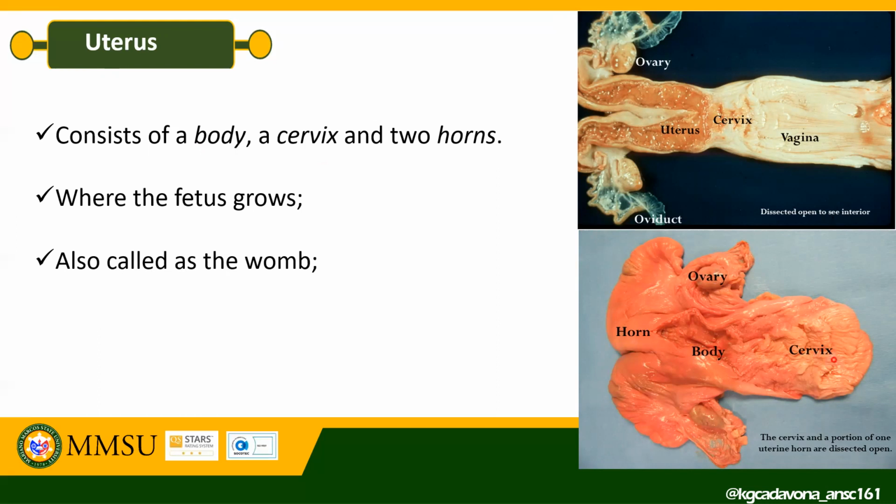Then for the cervix, as you can see in the lower portion of the picture, this is a muscular structure that functions as the main passageway of the sperm, because the vagina is right there. It serves as a sperm reservoir.